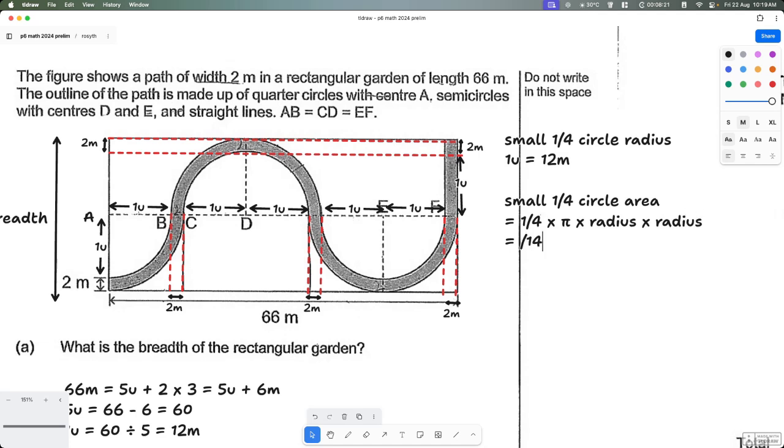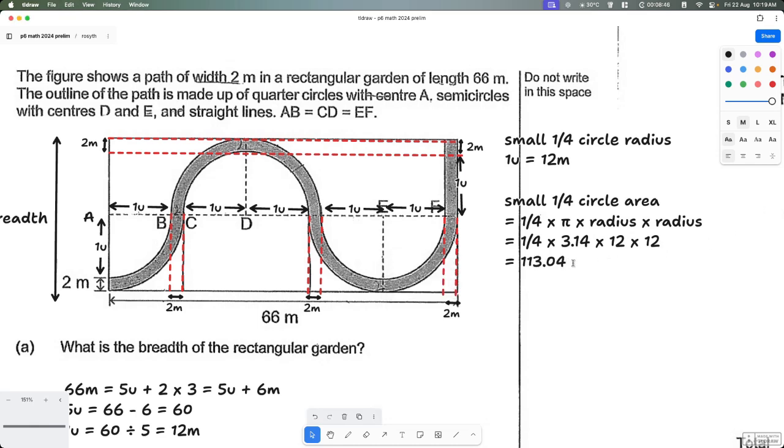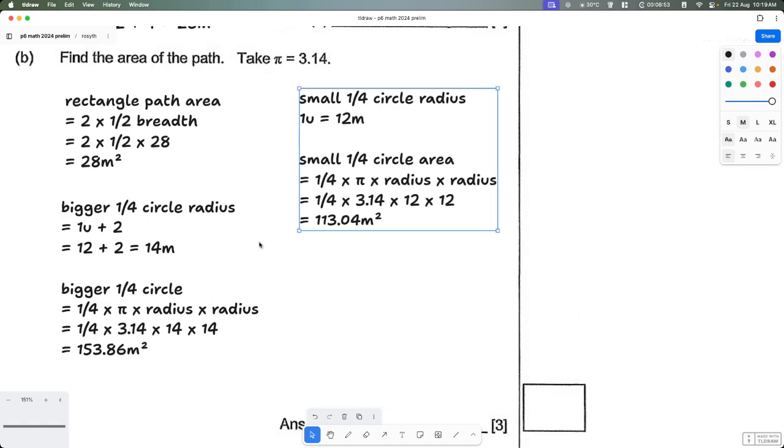So that means 1/4 times 3.14 times 12 times 12. Okay, let's do that. So calculator, 1 divided by 4 times 3.14 times 12 times 12. Okay, and this gives us 113.04 meters square.